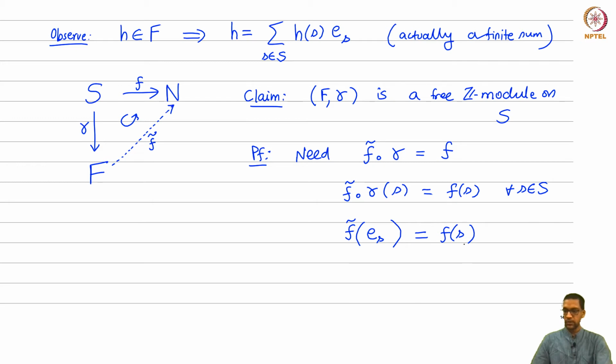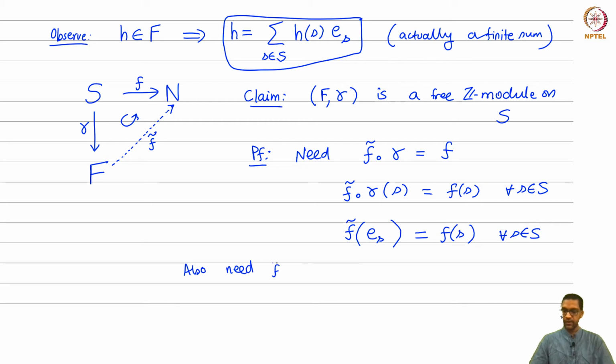So if at all you can find such an f tilde, then that f tilde has to satisfy this property. And we also want f tilde to be a group homomorphism, meaning it's a Z-linear map. So what does that mean?